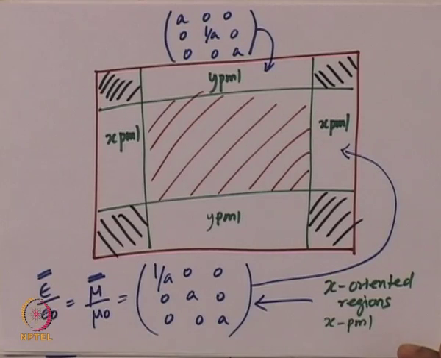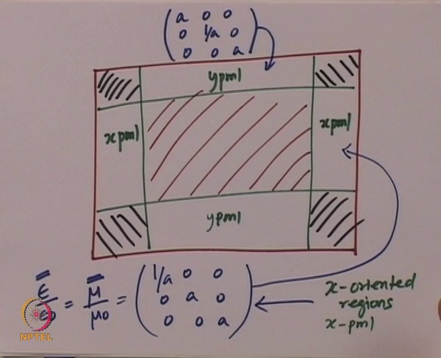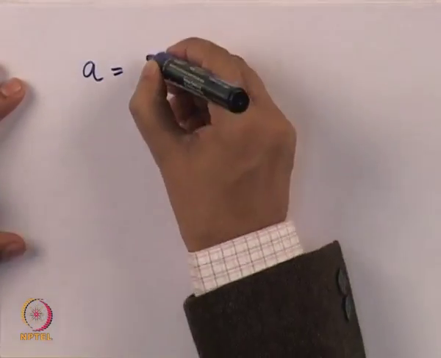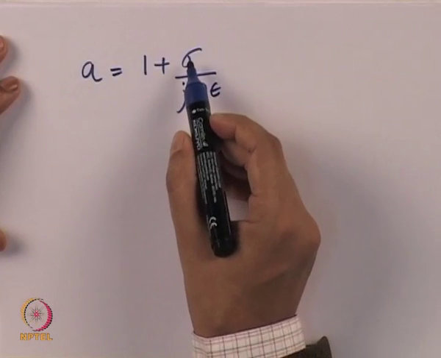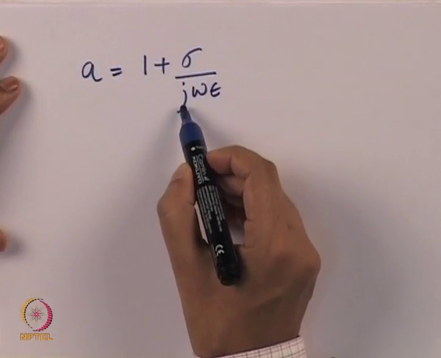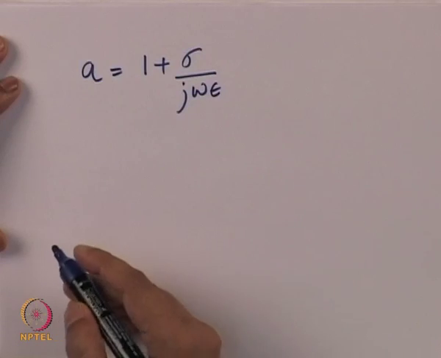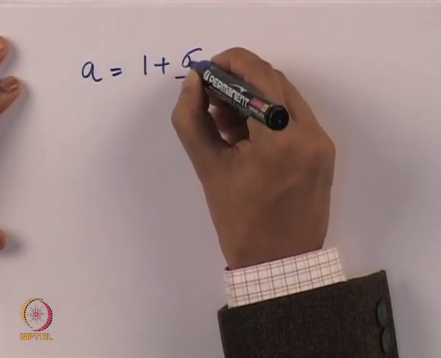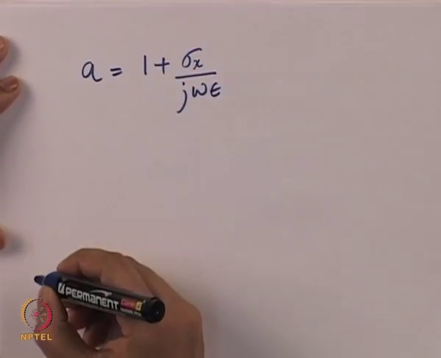So the a value, what we call the frequency dependent term, is a complex value, and it is going to be given by the equation a is equal to 1 plus sigma divided by j omega epsilon. And of course, if it is going to be an X oriented PML, it is going to have a subscript x here.